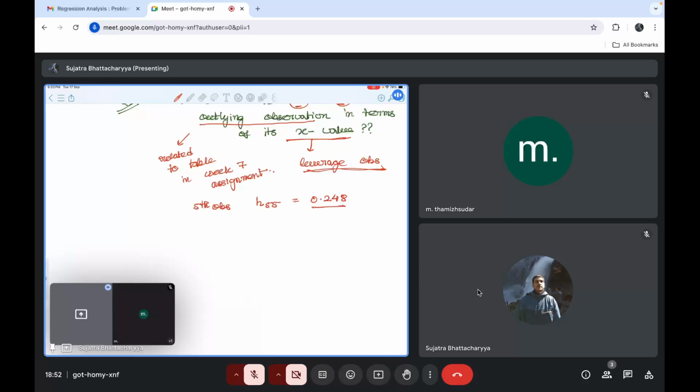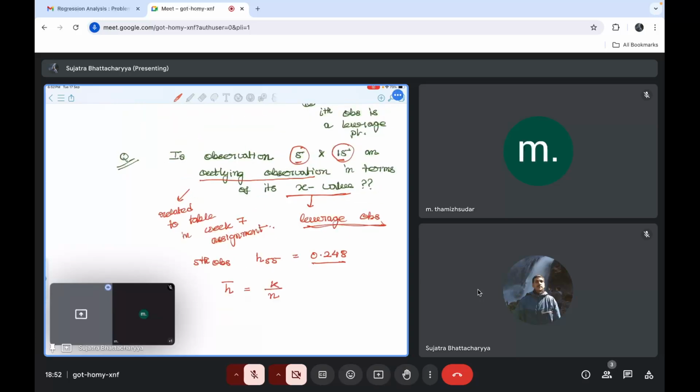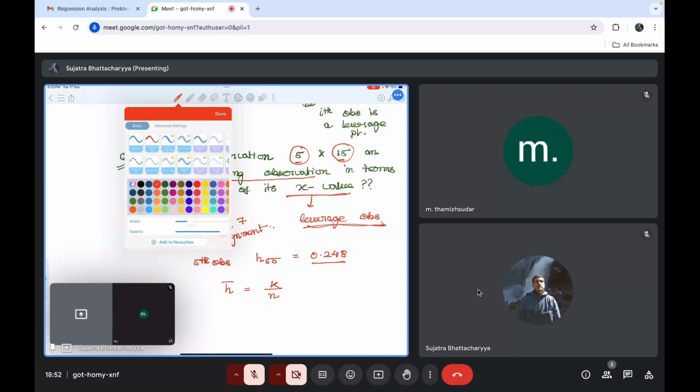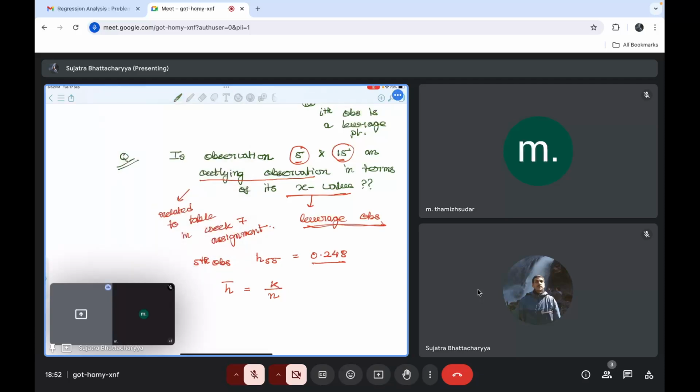Okay, let's check whether the fifth observation is a leverage point or not. So for that, what is the criteria? You have to calculate h bar. What is h bar? k by n. And it is given in the question that y is equal to beta naught plus beta 1 x1 plus beta 2 x2 plus epsilon.